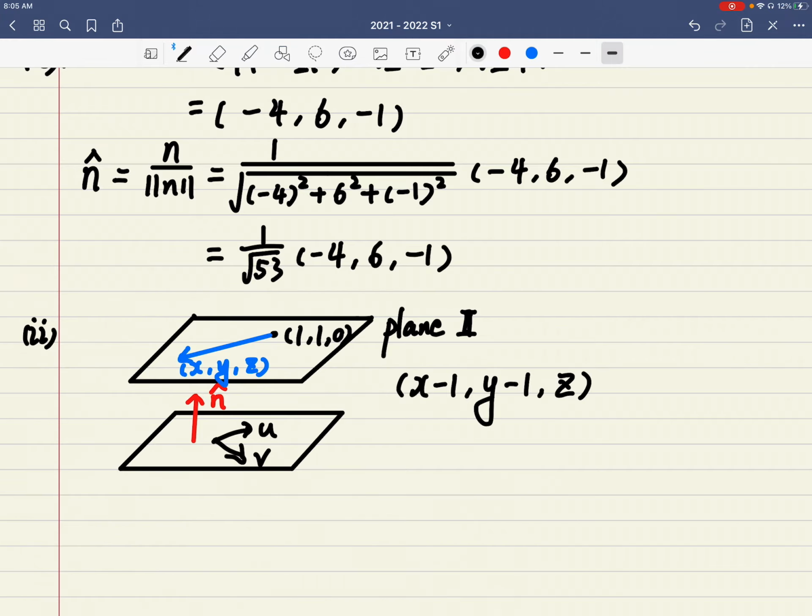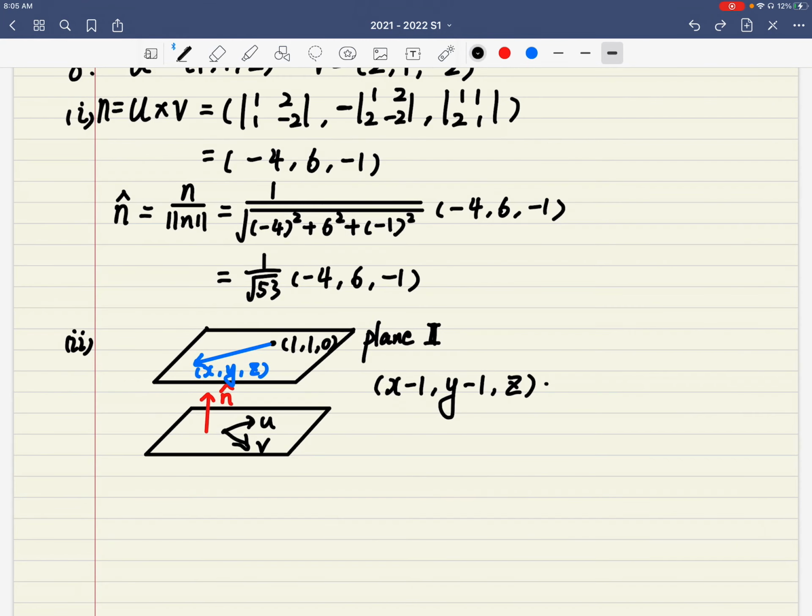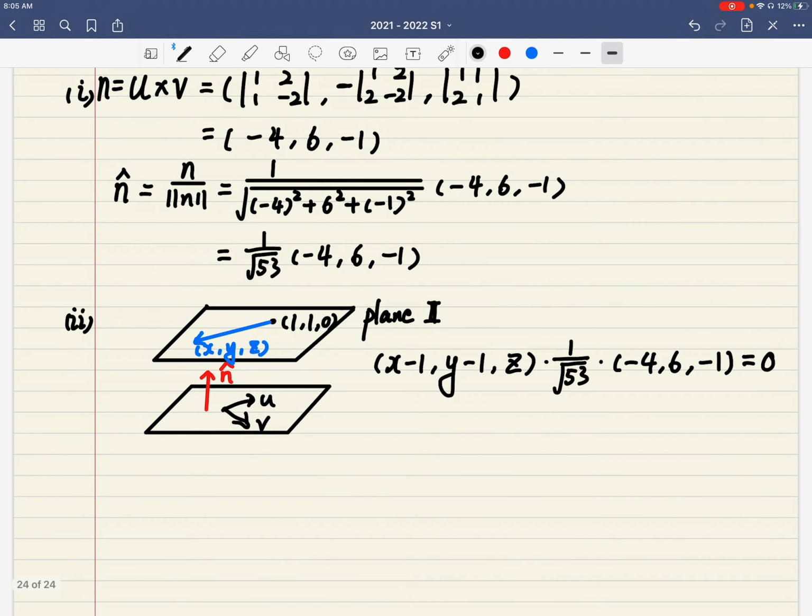This random vector is perpendicular to n hat, or we don't even need n, let's do n hat. So the dot product will be 0 because they are perpendicular. So a random vector on plane 2 is perpendicular to the normal vector.